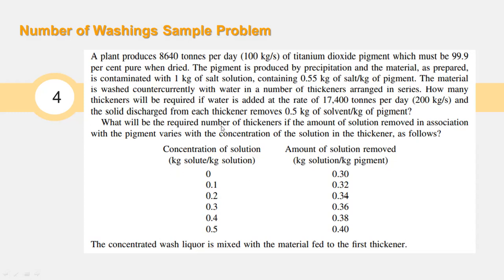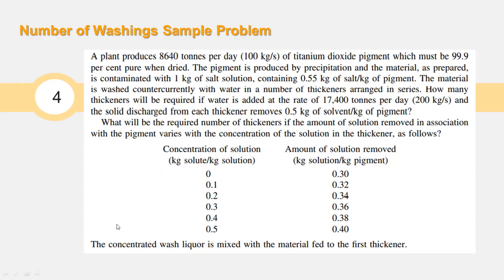This one is your concentration of solution, and the units are kilogram solute per kilogram of solution. And this one is the amount of solution removed, kilogram of solution per kilogram of pigment.